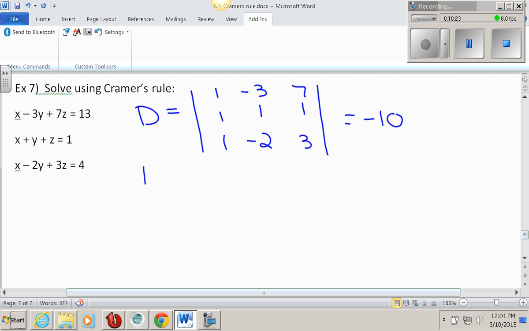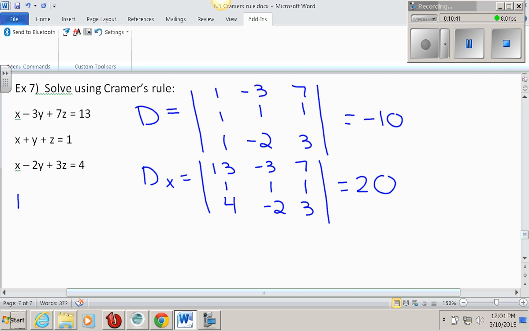Okay? We do this for the x. So here's your constant values, your y values, and your z values. Pop it right in.